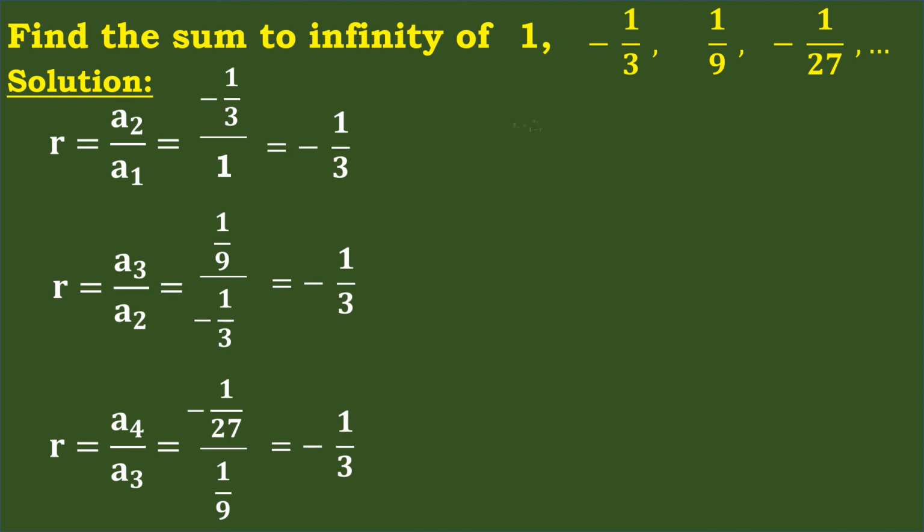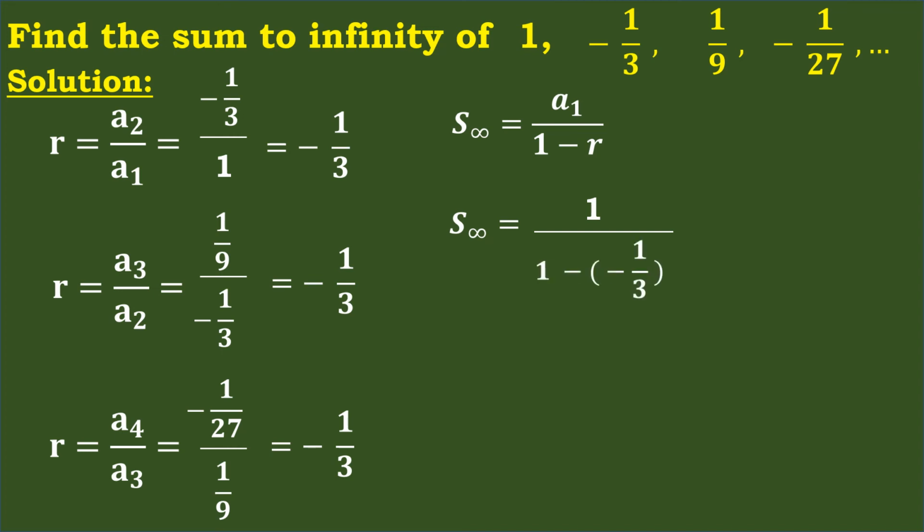Ibig sabihin, magagamit natin yung formula. a sub 1 divided by 1 minus r. Ano yung first term? 1 divided by 1 minus, ang common ratio natin ay negative 1/3. So, ilalagay nyo pa rin yung negative 1/3. Hindi porke may minus doon, kaya lang gagamit ka ng parenthesis.